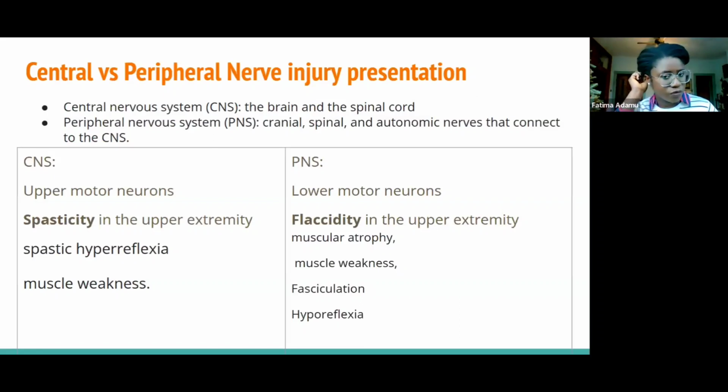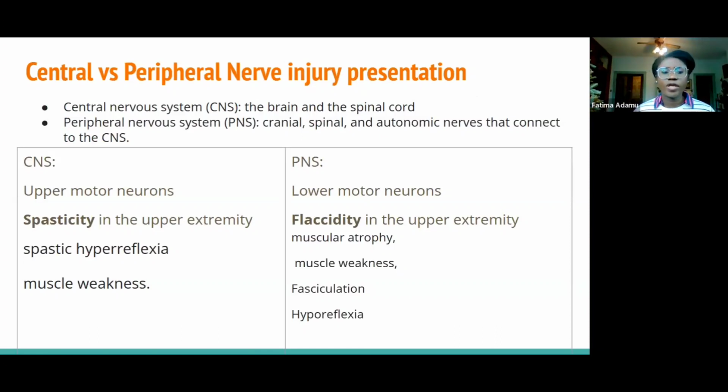Central nervous system versus peripheral nervous system injuries. Again, as I mentioned, the central nervous system is comprised of the brain and the spinal cord. And again, I'm keeping things simple. And the peripheral nervous system, I'm going to focus here on the nerves that come out from the spine and feed the upper extremity.